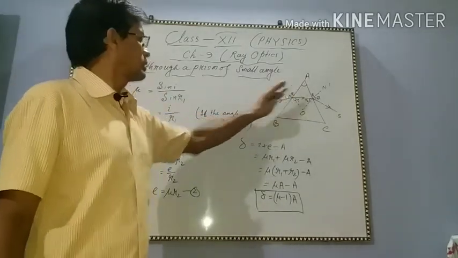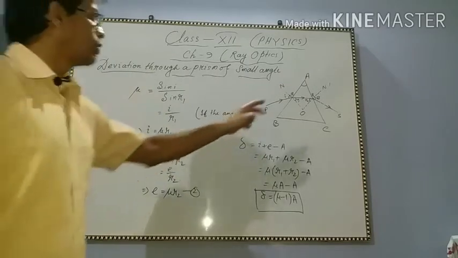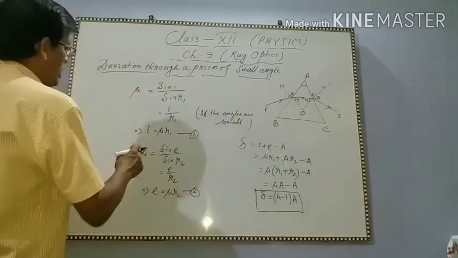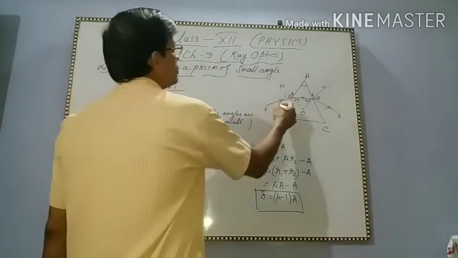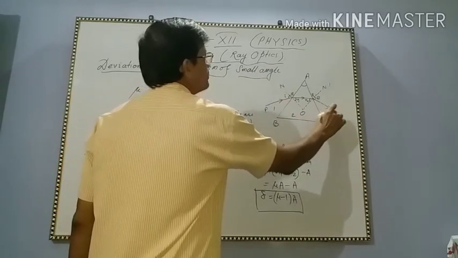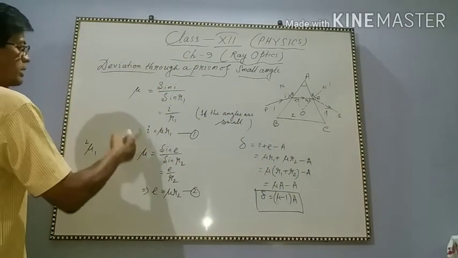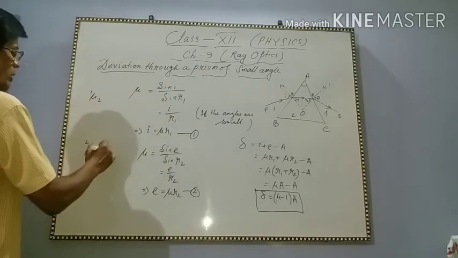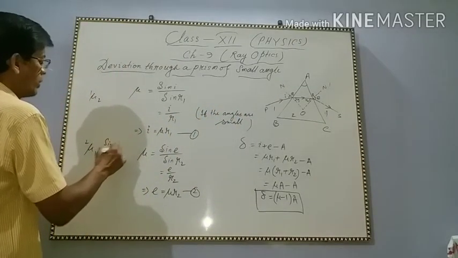For this face, if we consider refraction, we will get this. Suppose this is medium 1, this is 2, this is 1. So light is going from 2 to 1. This is mu 1 to 2, and this is 2 to 1, which will be sin r2 by sin e.